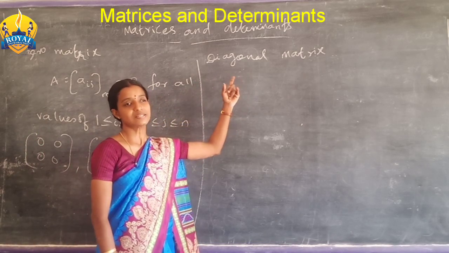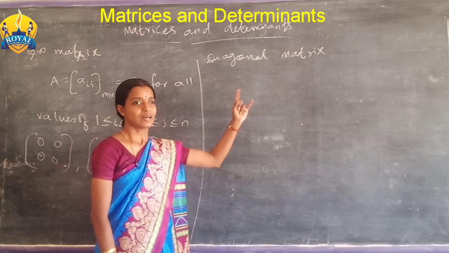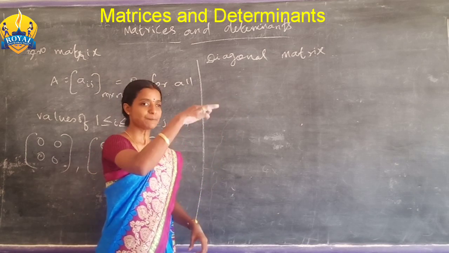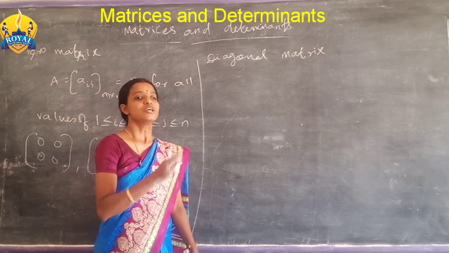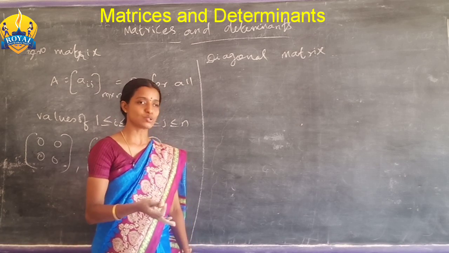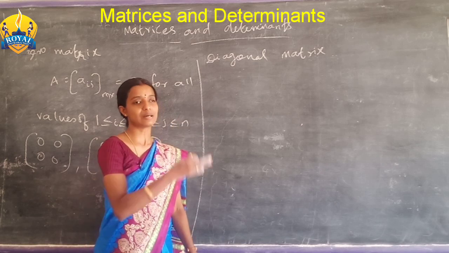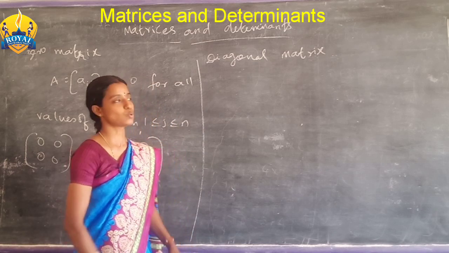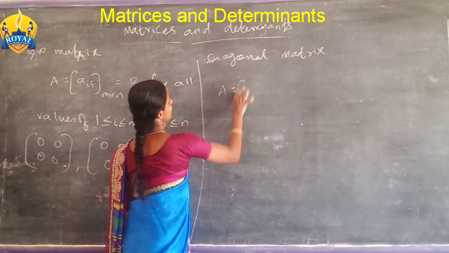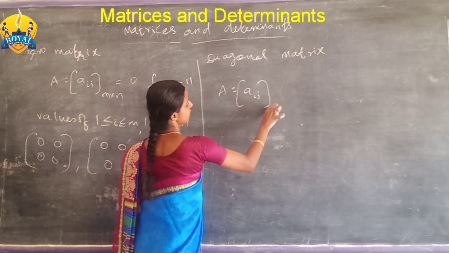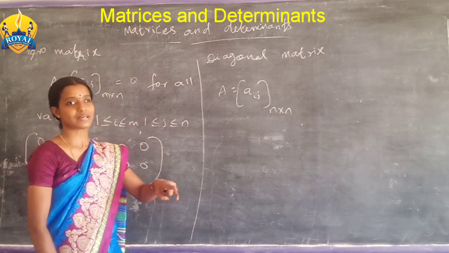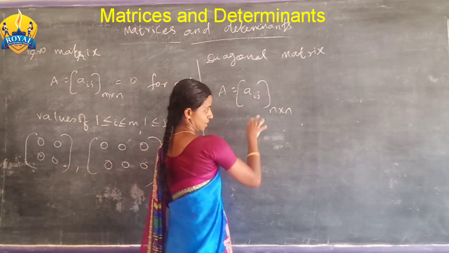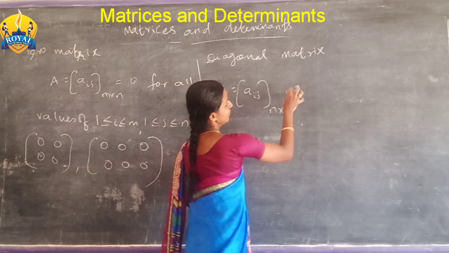Now, a diagonal matrix is nothing but where the principal diagonal, where the diagonal elements have values, I should have all the other values except the diagonal elements equal to 0. So, my A equal to Aij. My diagonal matrix is nothing but a square matrix A of order n.